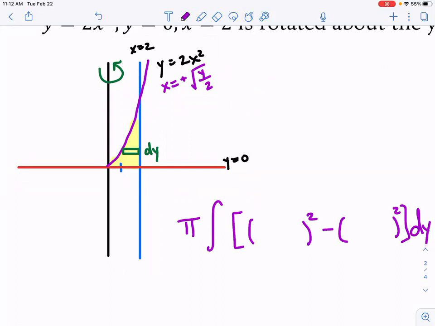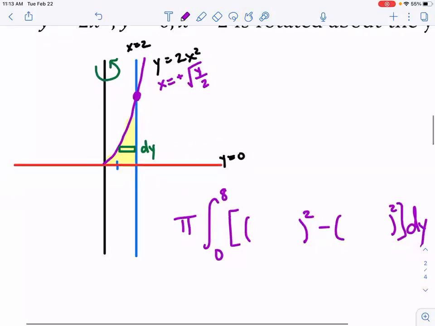Okay. Let's talk about our limits of integration. Well, it looks like we begin at 0. What is the y coordinate of that intersection point right there? 8. Where does x equals 2 intersect with y equals 2x squared? I just plugged it in right here.